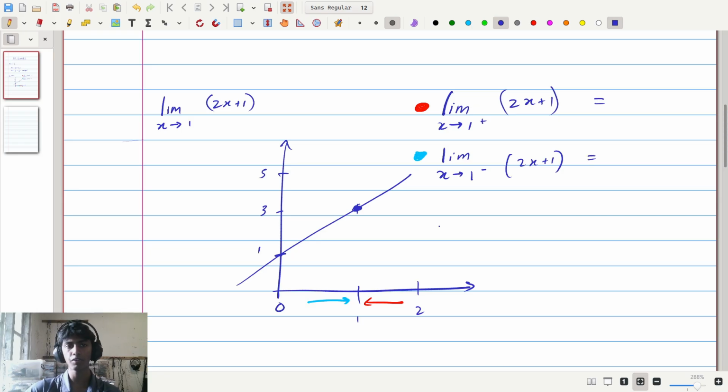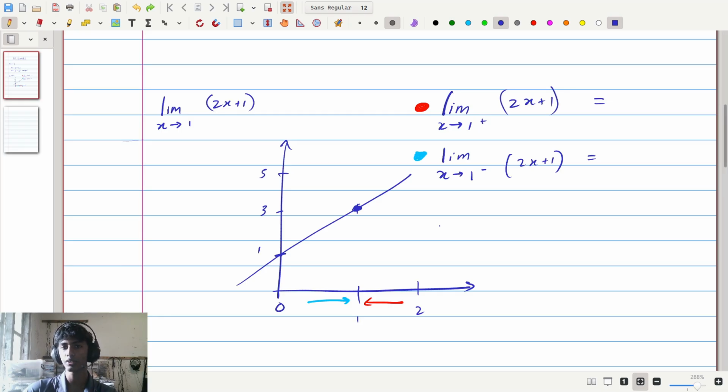So the way this is defined, this limit here has a certain value. This value is a valid limit given that both of these two, the red limit and the blue limit, give the same value and agree with each other. For a proper limit it has to be finite, but for our purposes for now we are just going to consider whatever the value is; it should be the same value on both sides.